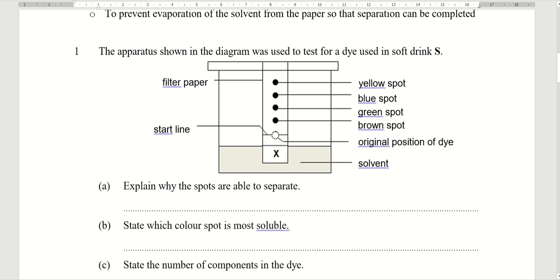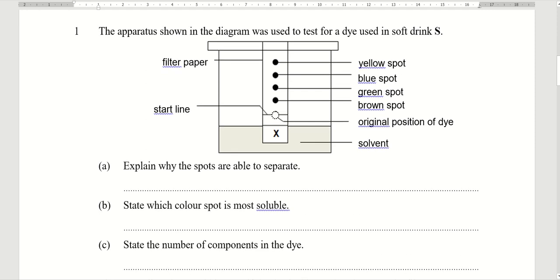So for question 1, listen very carefully. Whenever we talk about paper chromatography, the reason the spots are able to separate in the first place is because the ink, in this case the dyes, are soluble in the solvent.